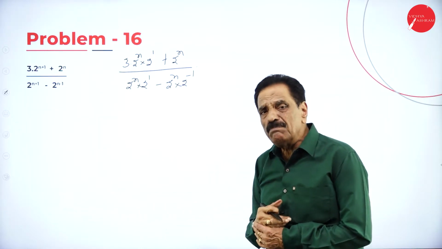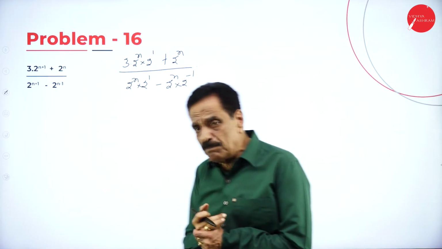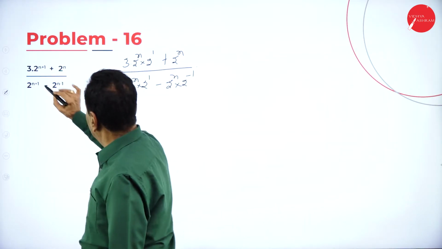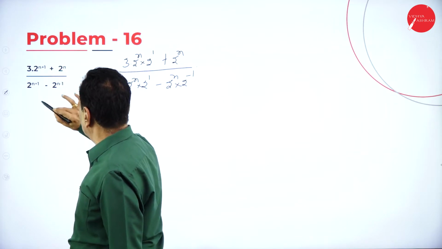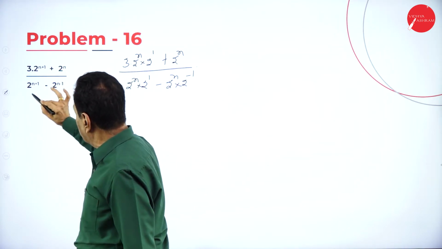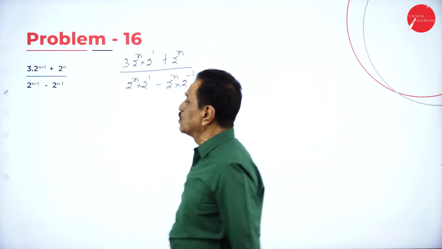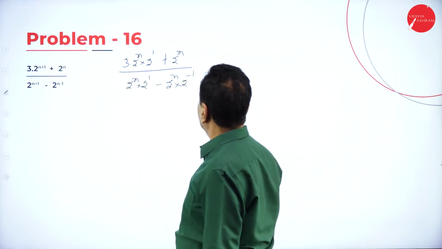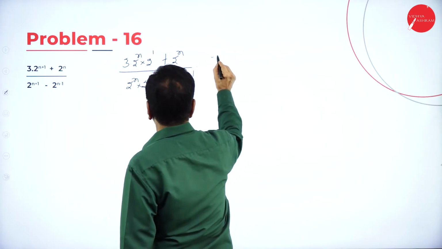When the plus and minus signs are given in the problem, take the LCM, that is a procedure. What I have written here: 2 to the power of n, 2 to the power of 1 plus 2 to the power of n, 2 to the power of n, 2 to the power of 1 minus 2 to the power of n, 2 to the power of minus 1. Simplify this.